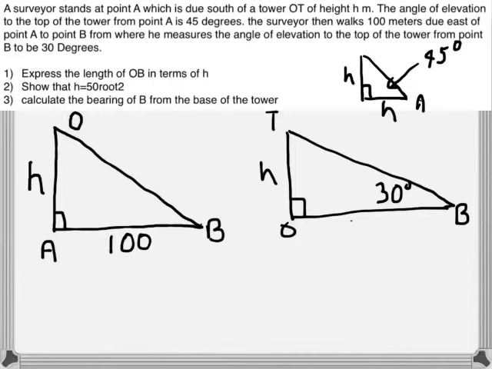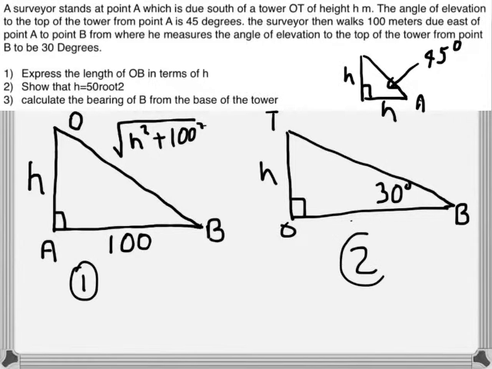Now if we take a look at our first diagram with the H and the 100 in it, positioning A directly south of the tower, we can find from Pythagoras that that distance OB is going to be the square root of H squared plus 100 squared. Simple Pythagoras. Let's call this diagram 1, diagram 2.